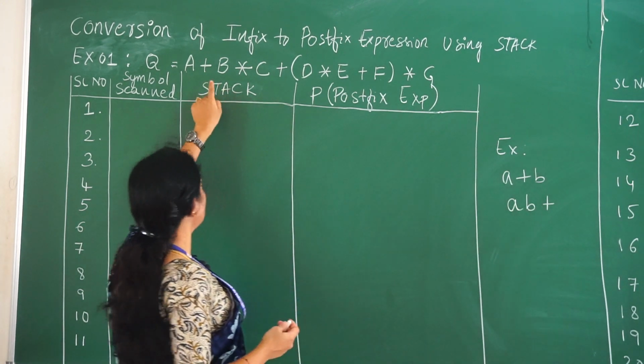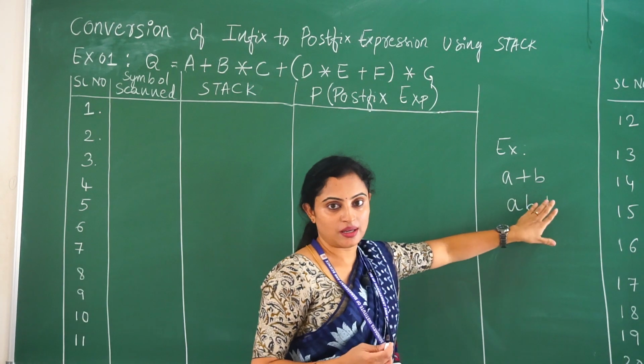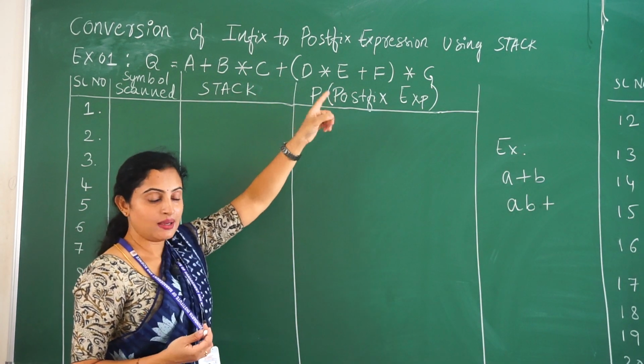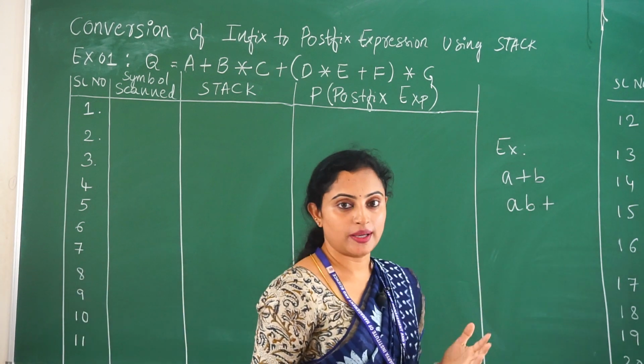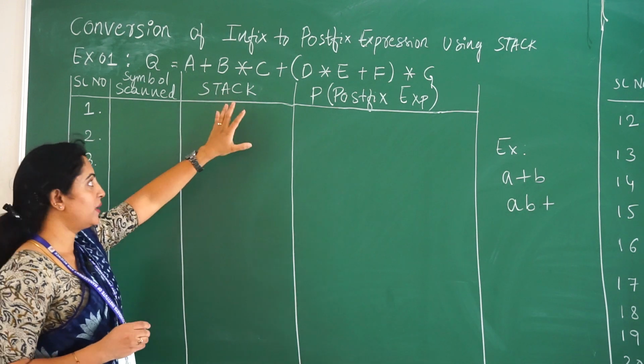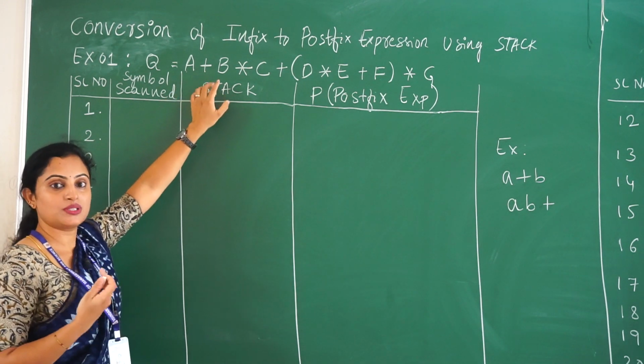Here this is a small expression, so we can easily convert it, but when we want to convert a bigger expression using stack, we have to follow the algorithm. Before starting with the steps of the algorithm, we make some assumptions.